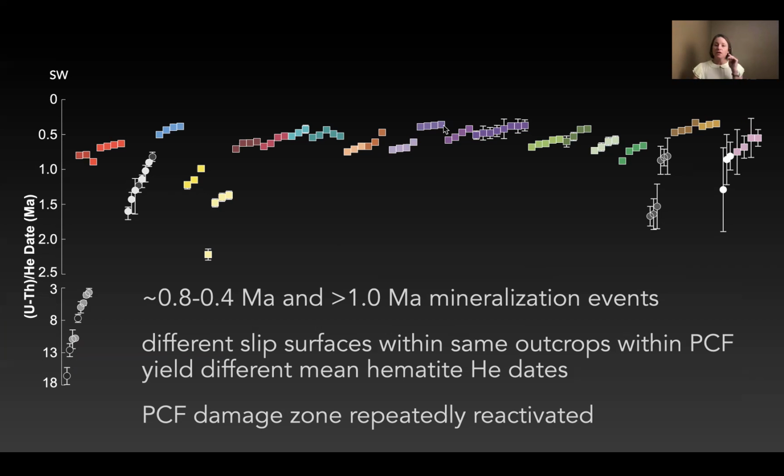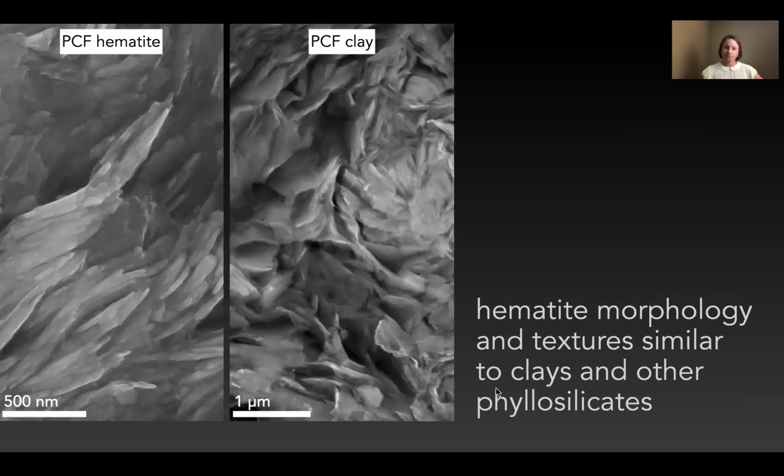And importantly, we see different slip surfaces within the same outcrop, so the same volume of rock, yielding different mean hematite helium dates. Taken together, these data point towards the Painted Canyon Fault Zone being repeatedly reactivated. Now, the textures that we observe on these slip surfaces are fundamentally different from the Hurricane Fault and from high temperature textures that we observe on hematite fault mirrors.